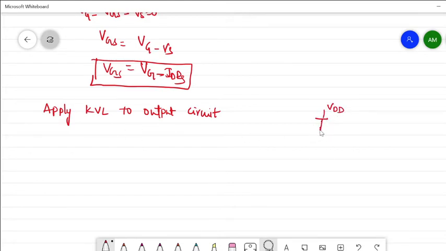The output circuit has RD, the drain to source voltage VDS, and the source resistor RS. So apply KVL for this loop.